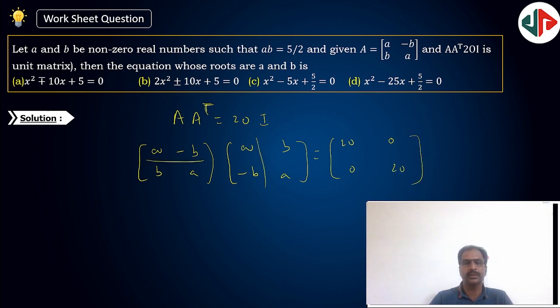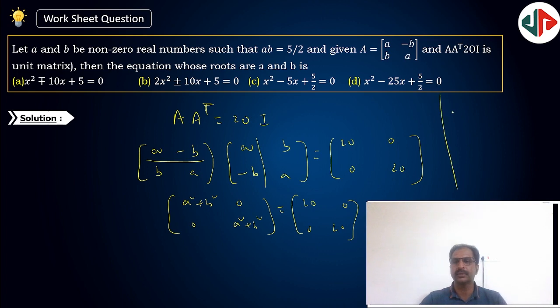Now by multiplying these two matrices, you will get A square plus B square 0 0 A square plus B square, which is 20 0 0 20. From that you get A square plus B square as 20, which is A plus B whole square minus 2AB is equal to 20. 2AB is 5. So from this A plus B will be plus or minus 5.